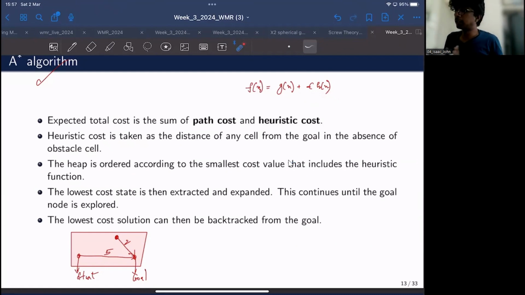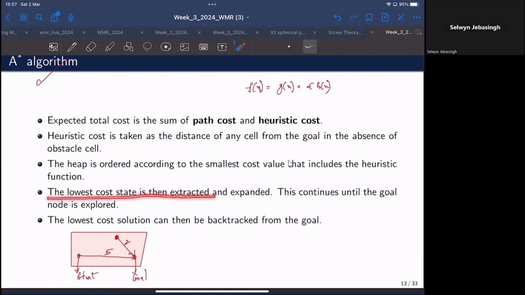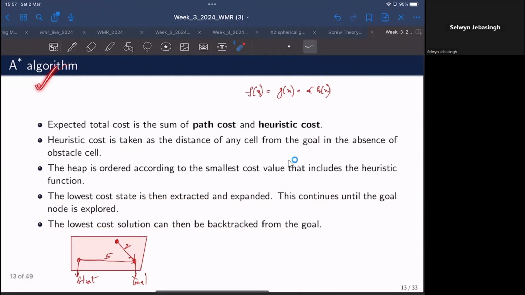And all the other things are more or less essentially the same as Dijkstra. The lowest cost node is extracted and expanded. This is continued until the goal node is expanded. And the lowest cost solution can then be backtracked from the goal through some sort of backpropagation. So that is what A-star is about. In this case, the heuristic cost is not zero.